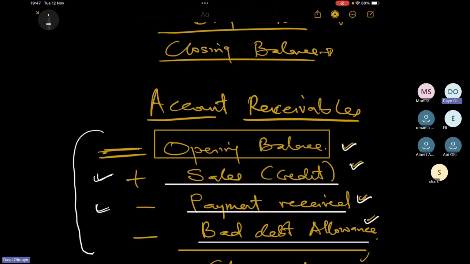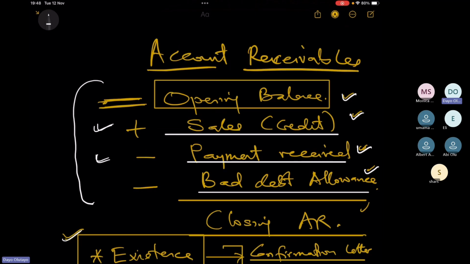Now, in that receivable movement schedule, there's a portion called payment that has been received. So you need to select some of those payments that they claim have been received. And you say, Apple, can I have your bank statement? Because you said this payment has been received, I need to trace this payment that you said you have received to the bank statement.